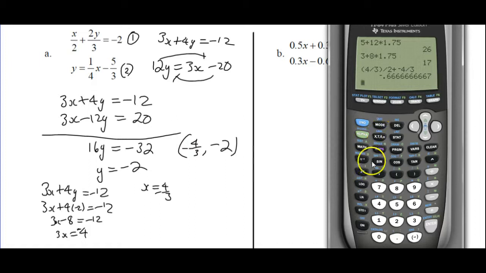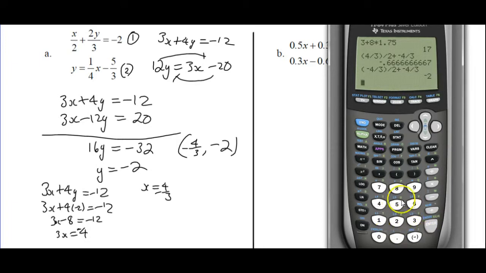Now let's try. That's why we check. So second enter, and let's just back this up, and we'll insert a negative, and we get negative 2. Huzzah! And now what else do I want to do?